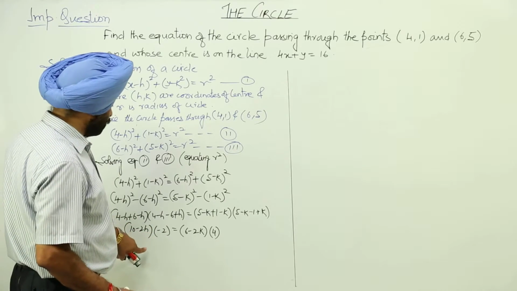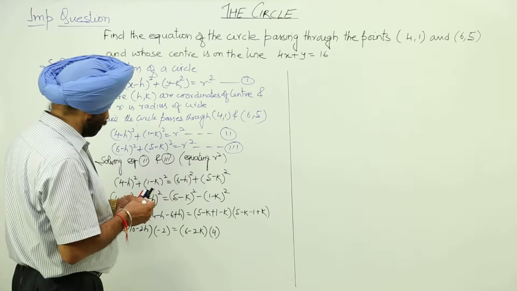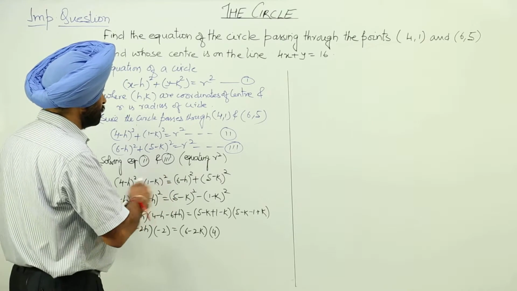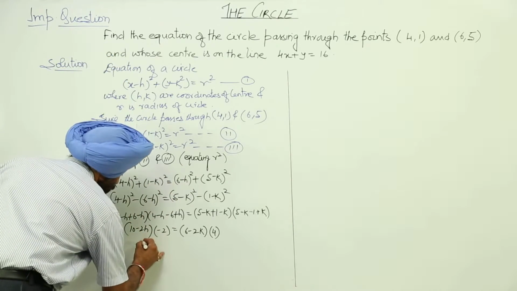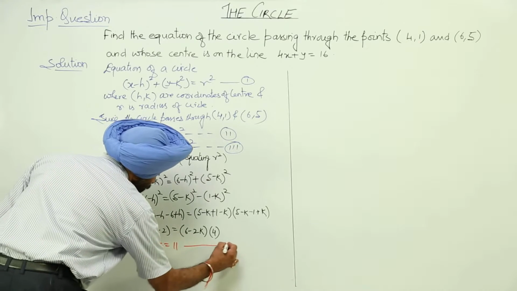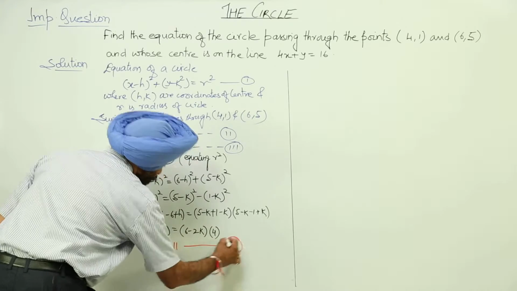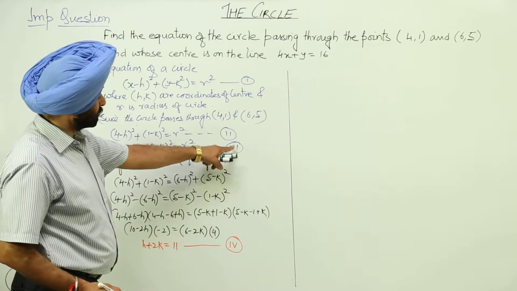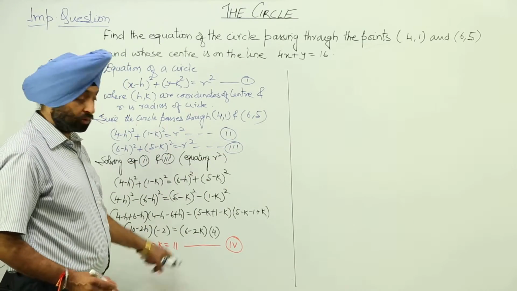So, on solving this part, finally we are having h + 2k = 11, equation number 4. After the third, we are having the fourth equation. Is it clear?